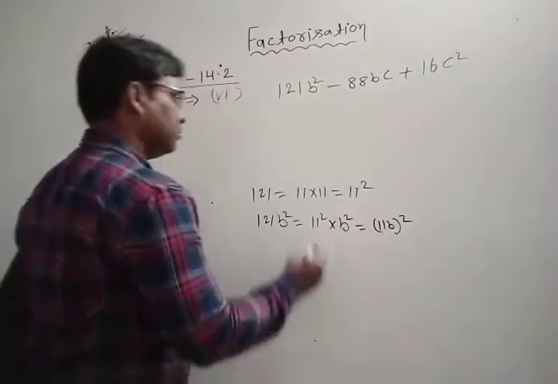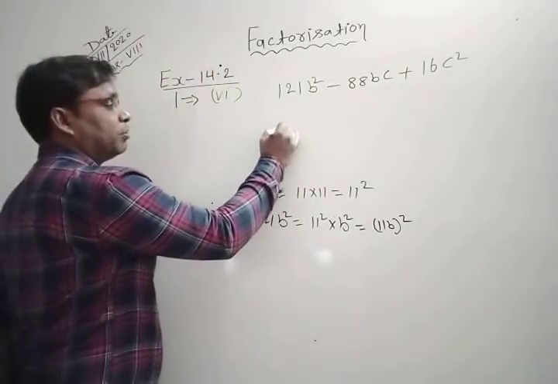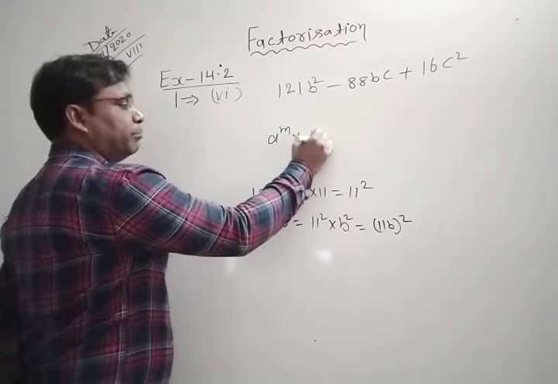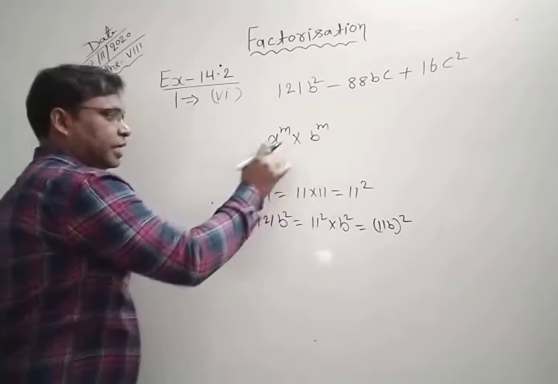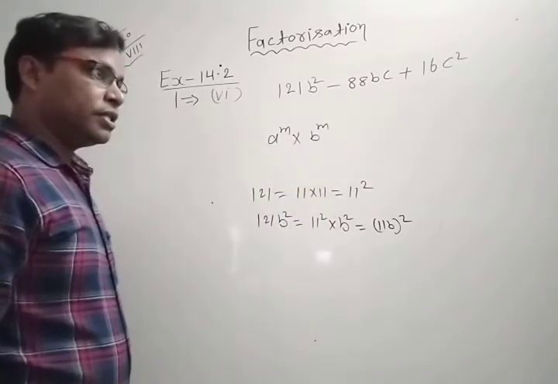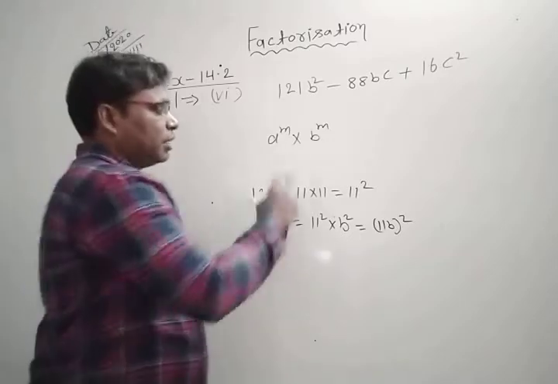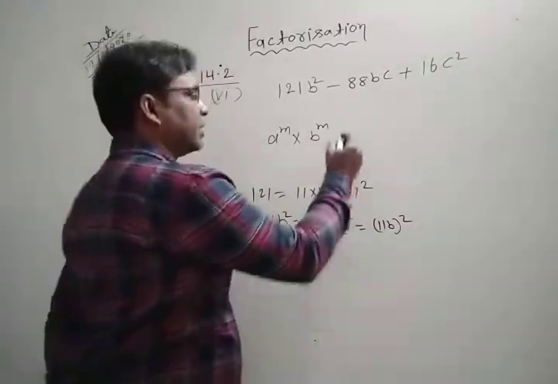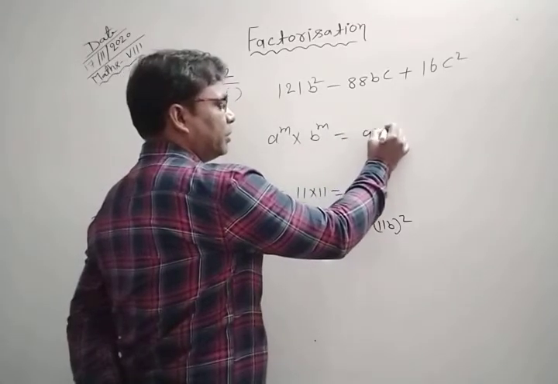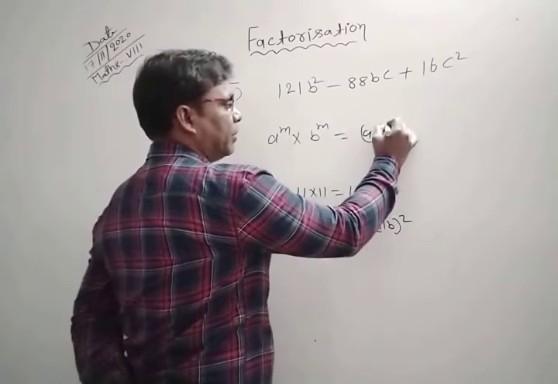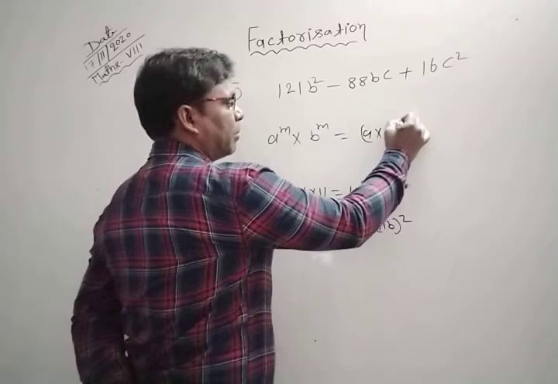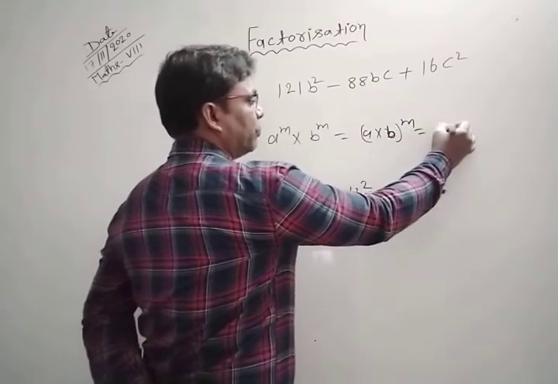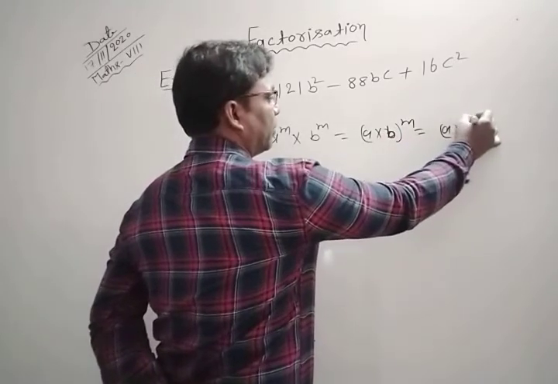Clear? Because you know very well, if a to the power n into b to the power n, this is the law of exponents: if the bases are different but the power is the same, then a to the power m into b to the power m is equal to (ab) to the power m.